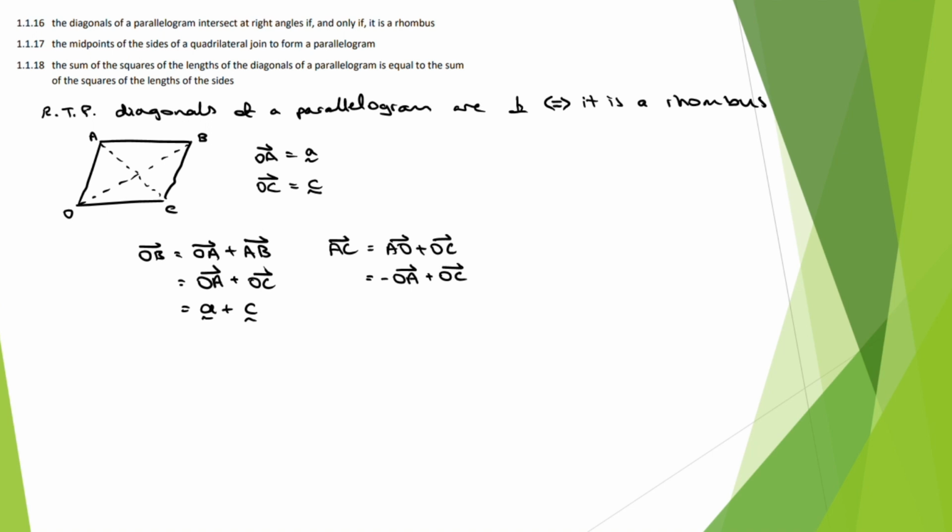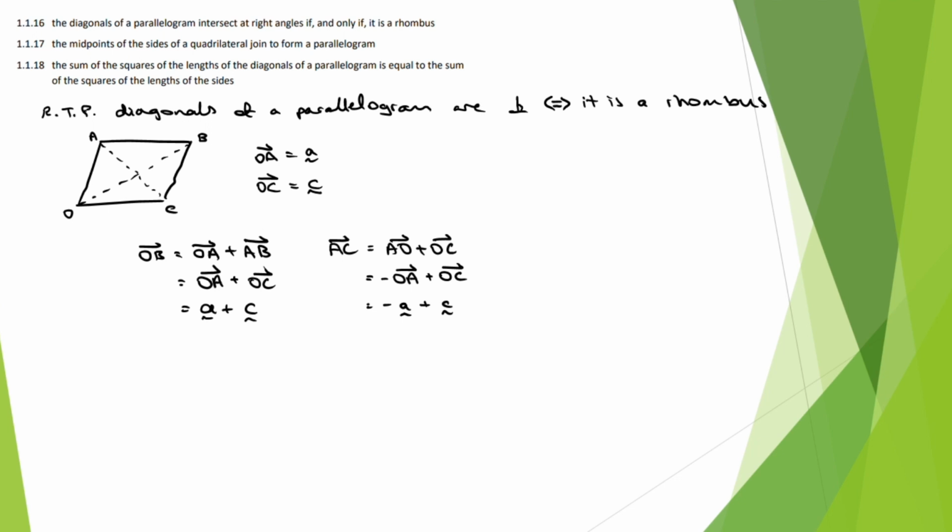The negative of a vector is equal to the same magnitude of that vector, but in the opposite direction. So AO and negative OA are equivalent, and we can rewrite that again as negative of the A vector plus the C vector.